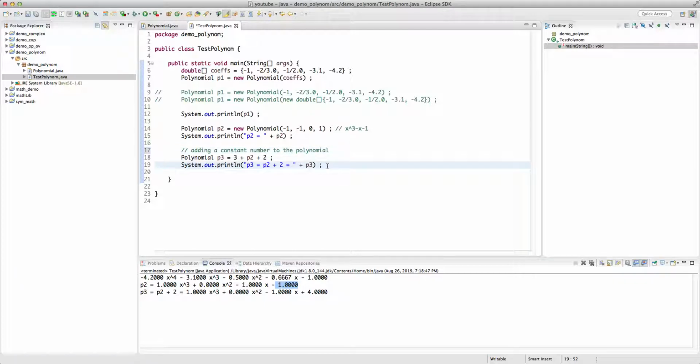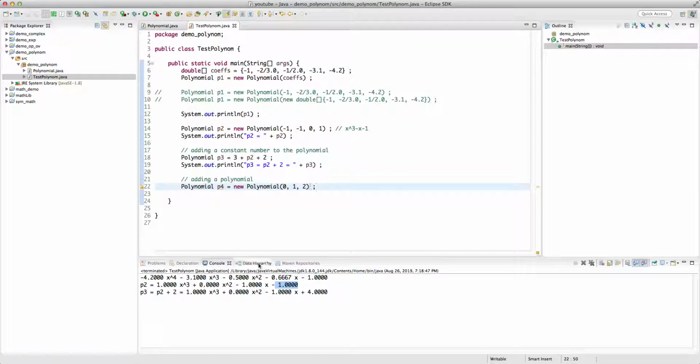Now we are going to add another polynomial, so adding a polynomial p4, new polynomial, and 0 x, 2x2, that's it.